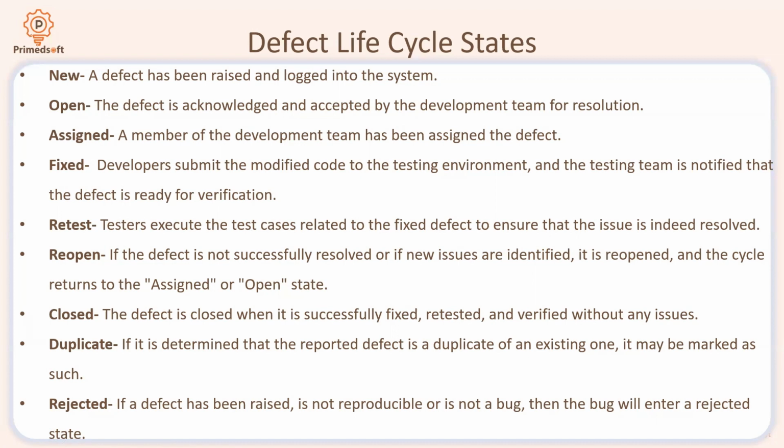Then the next one is assigned. A member of the development team has been assigned the defect. So they say, let's assign this defect to developer A. The status of the defect changes to assigned. Then we have fixed. The developer submits the modified code to the testing environment, and the testing team is notified that the defect is ready for verification.